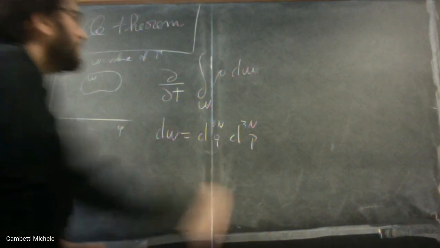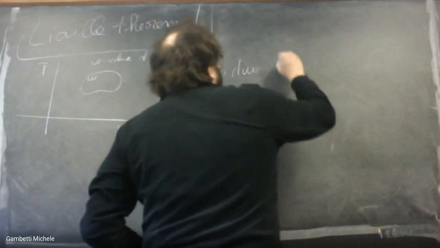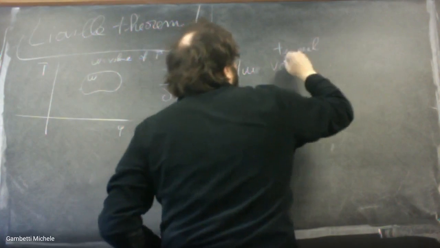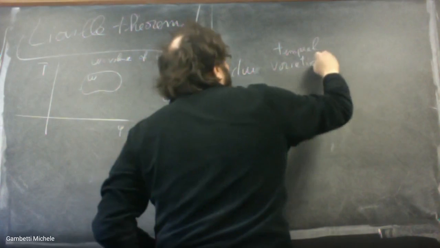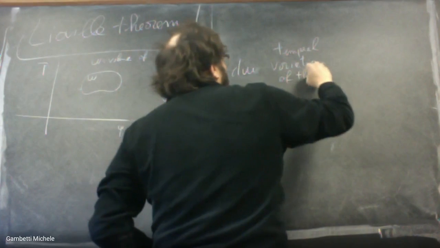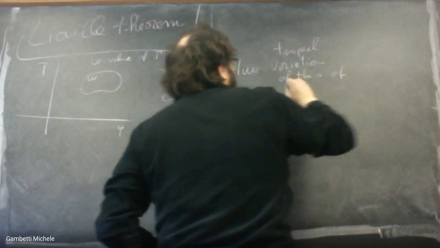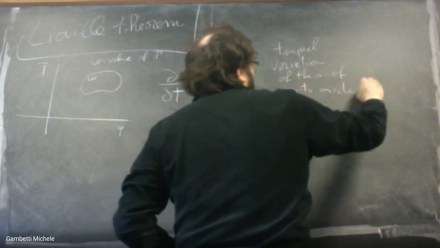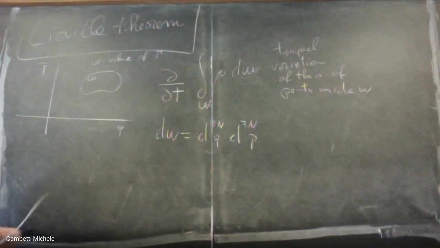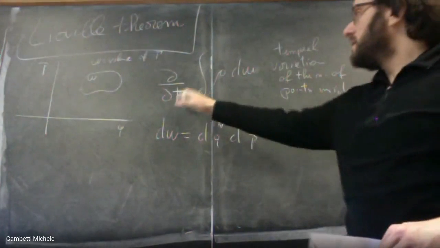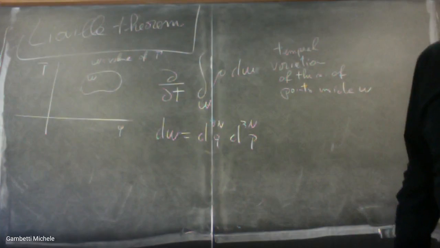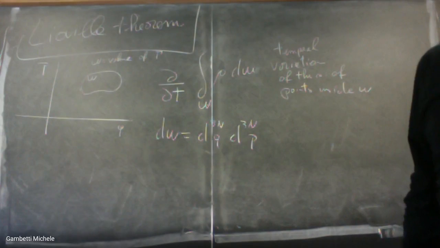Okay, so what this represents is the temporal variation of the number of points inside omega. This is fine because rho is counting the number of microstates, and this time derivative is just the variation of this total number of microstates inside this volume.